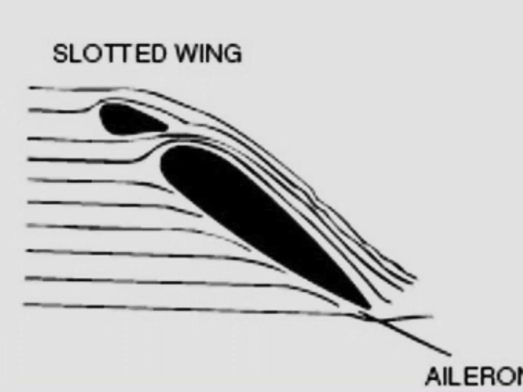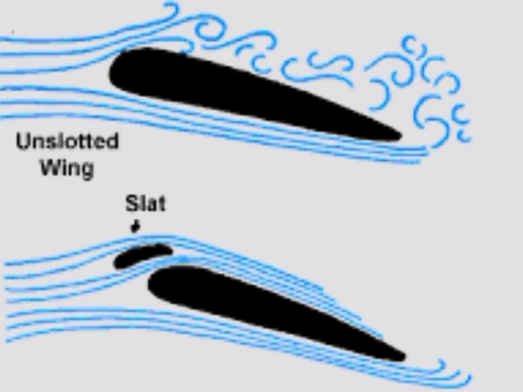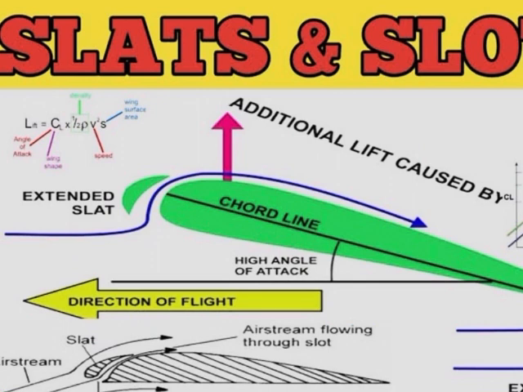These openings help some portion of the air from the high pressure area, which is on the lower surface of the wing, to blow towards these openings on the upper surface of the wing, and this portion of the air will push the eddies or currents generated on the upper surface of the wing backwards, and then we will have a smooth flow of air on the upper surface of the wing.